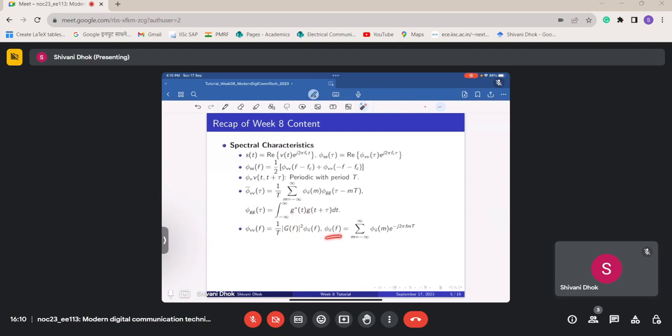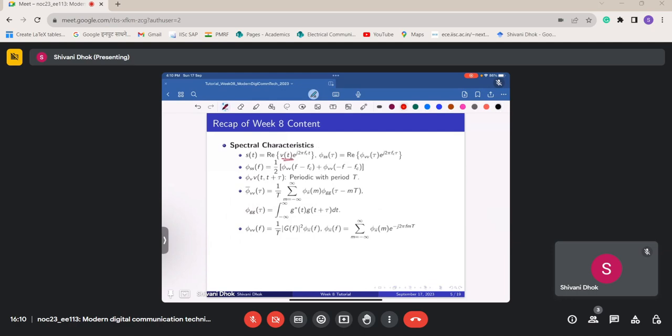And this phi ii of f is basically the Fourier series representation of phi ii(m), which is the correlation coefficient of the sequence I n, and comes out to be phi ii(m) e to the power minus j 2 pi f m T summed over m equal to minus infinity to infinity. Another thing that you should note here is this v(t).